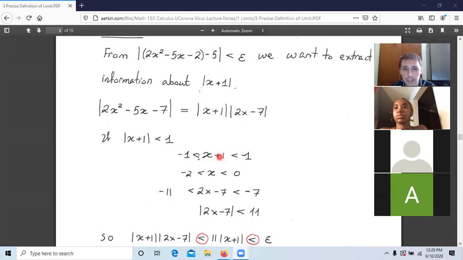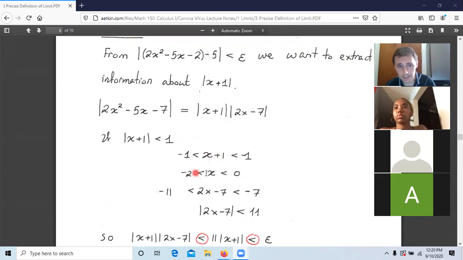Do we understand the first line? x plus 1 between -1 and 1. Now I just multiply this by 2 and subtract 7. Do you agree? Multiply everything by 2, so inequality, right? x between -2 and 0. I multiply everything by 2, I get 2x between -4 and 0. And then I subtract 7.